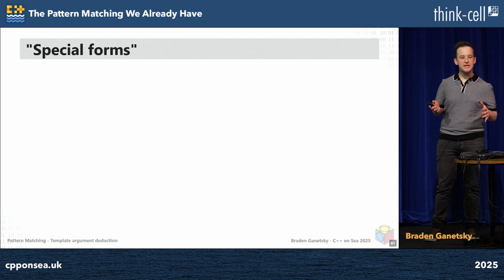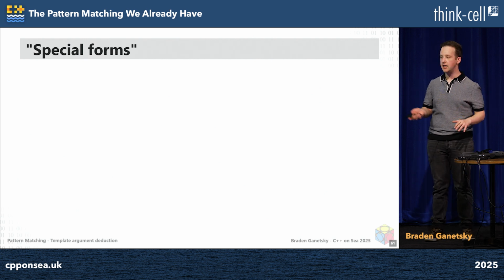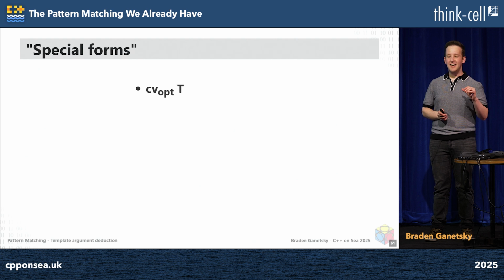So the special forms, this is a section in the standard that I'm simplifying here, but it looks almost exactly like this. So a special form can either be an optionally const volatile qualified t for some t.